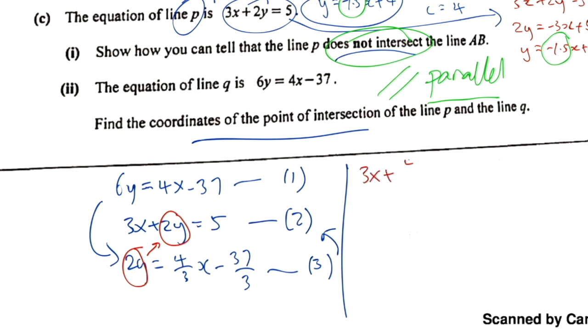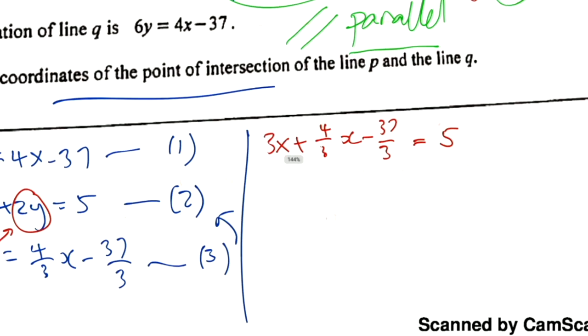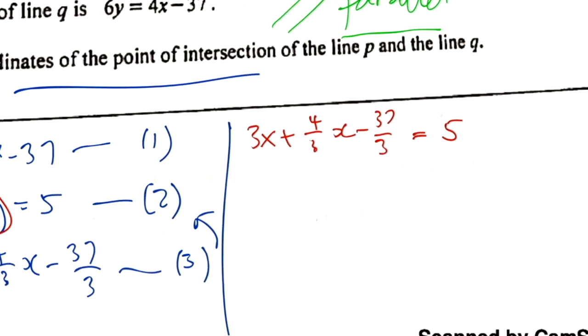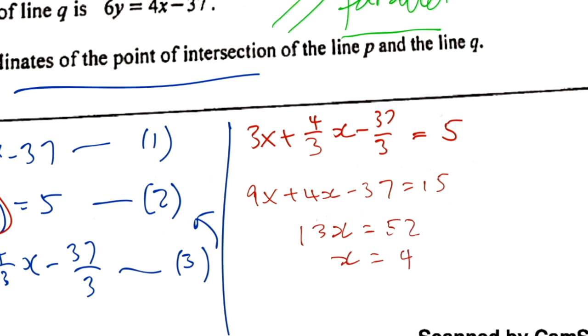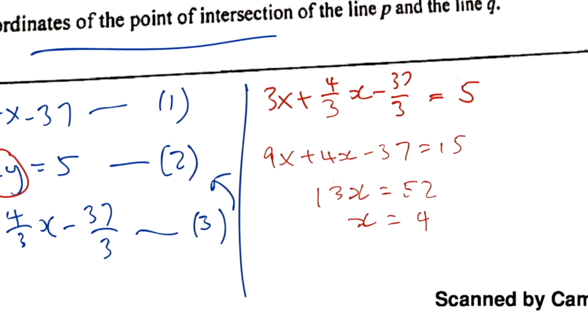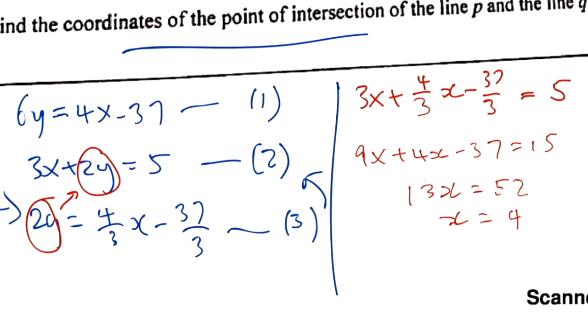3x plus 4x minus 37 over 3 equals to 5. Okay, so to make the equation easier, I multiply everything by 3 and do a rearrangement. Okay, so x equals to 4. After we get x equal to 4, we will substitute x equal to 4 into any of the equations.